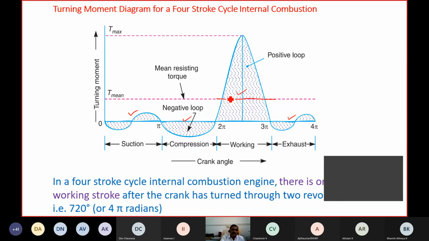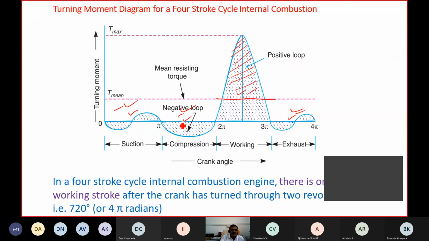So in this period, the energy above this mean will be stored in the flywheel, right? That will be supplied during the exhaust stroke, compression stroke and suction stroke. Again, the power will be produced, the excess energy will be stored in the flywheel and it will be supplied during these strokes. So this is one cycle for the 4-stroke IC engine, right?